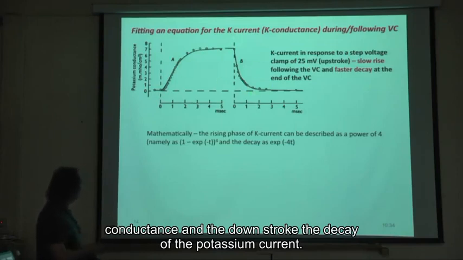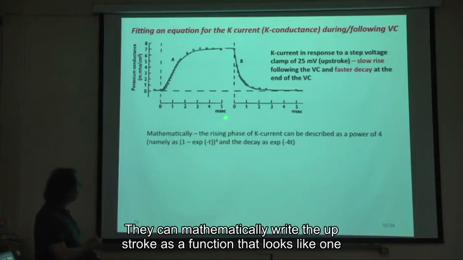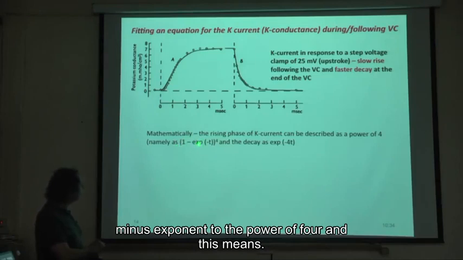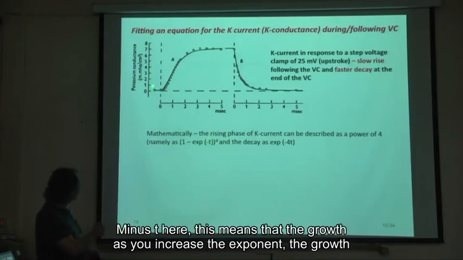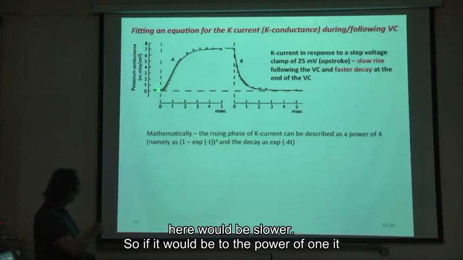They can mathematically write the upstroke as a function that looks like 1 minus exponent of minus t, to the power of 4. This means that as you increase the exponent, the growth would be slower.